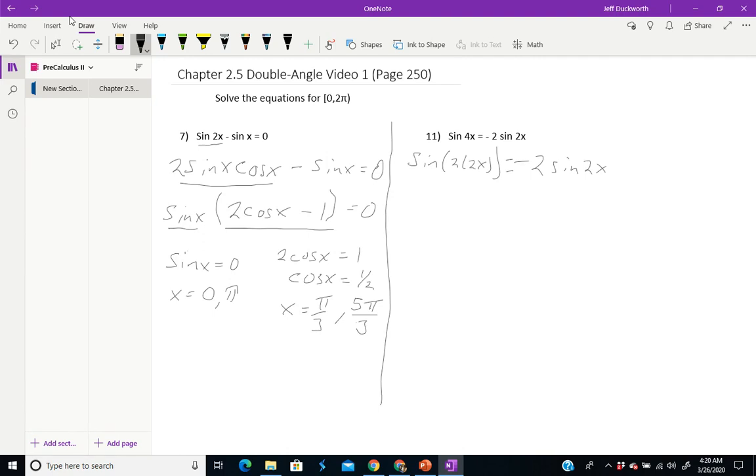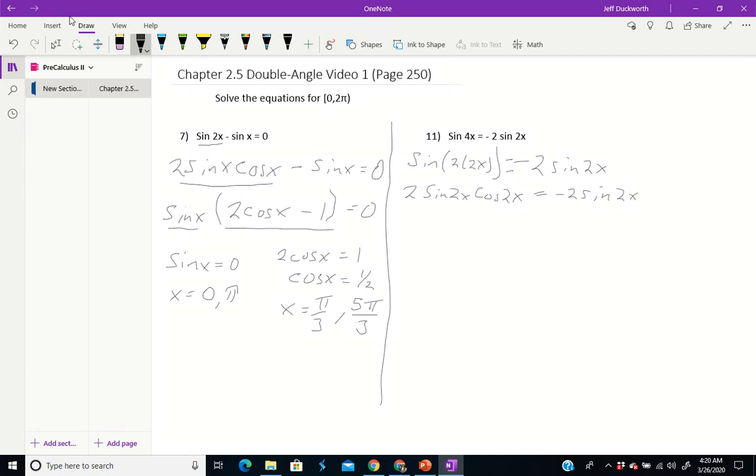So I can still use the double angle formula to write this as 2 times sine of 2x cosine of 2x. Don't forget this cosine of 2x. If you just write x, it's going to be a problem. And this equals negative 2 sine of 2x.